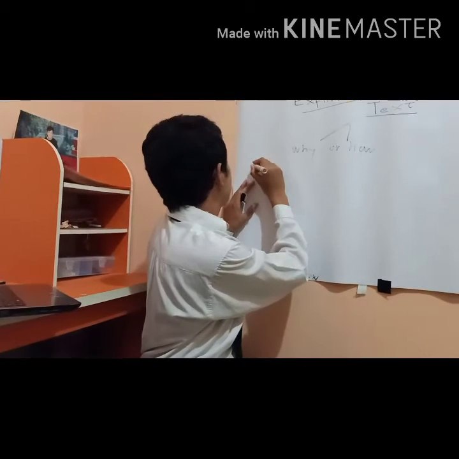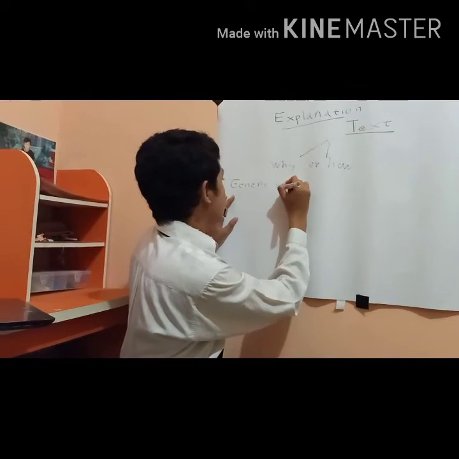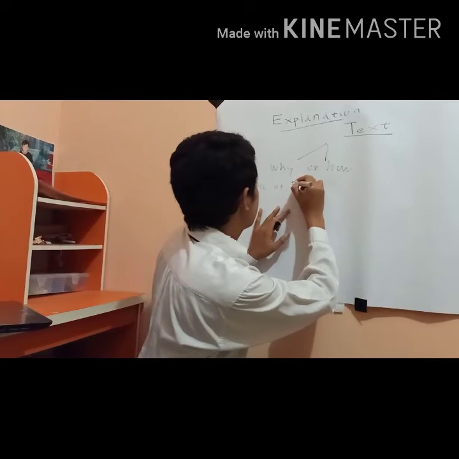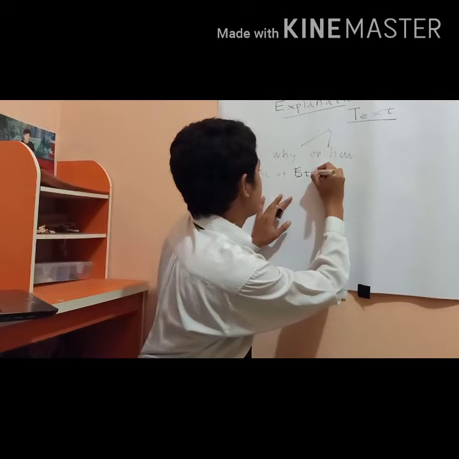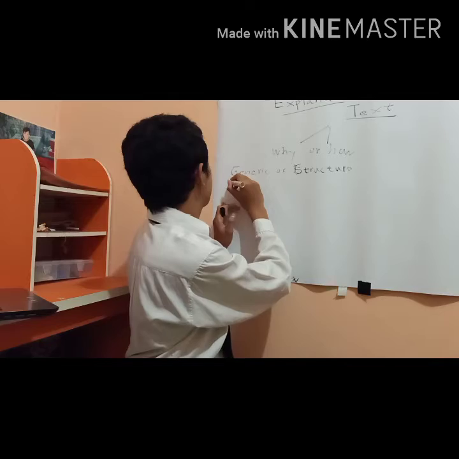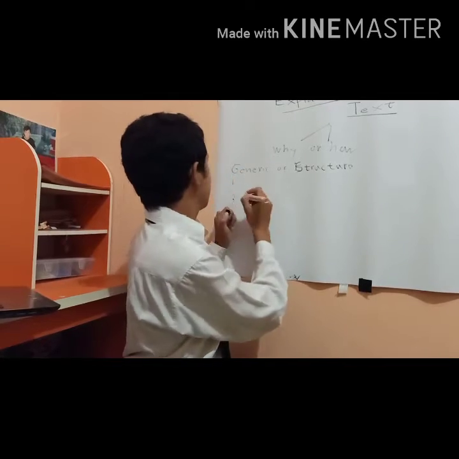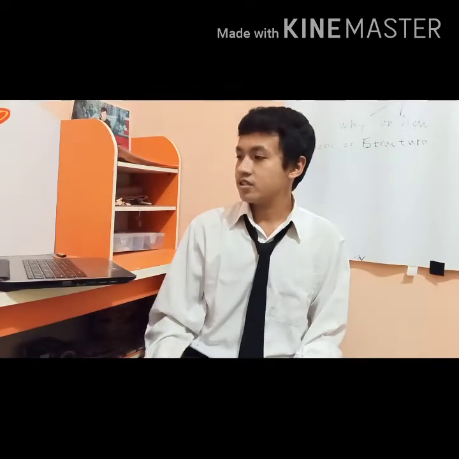Okay, the generic structure of explanation text. The generic structure of explanation text: there is a general statement and a sequence of explanation.